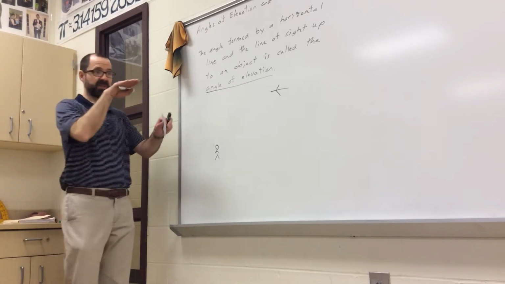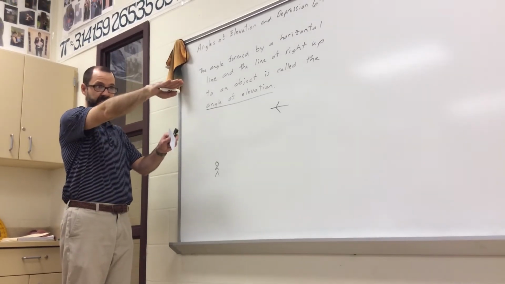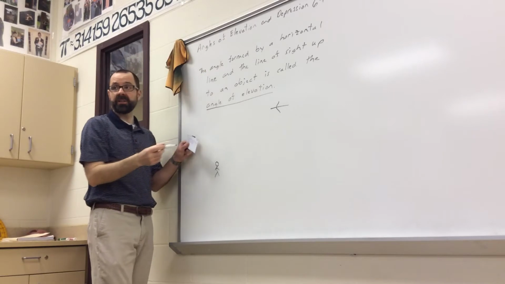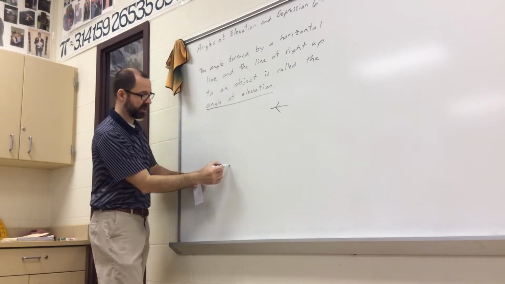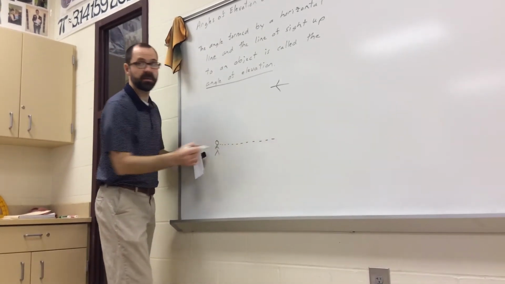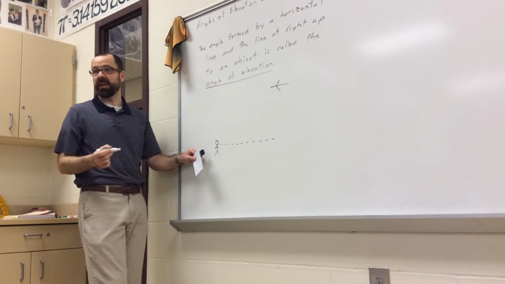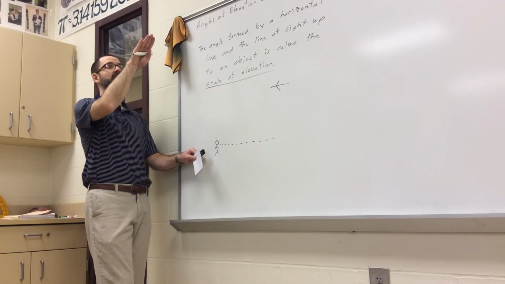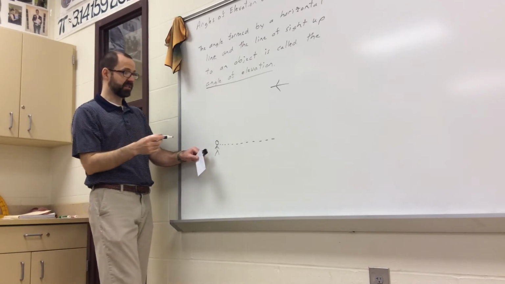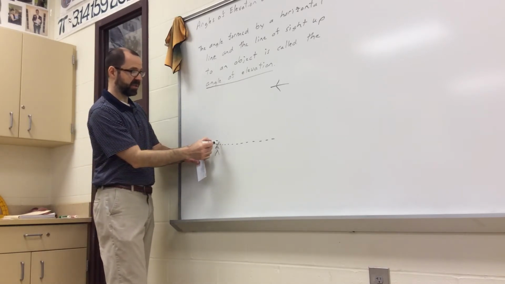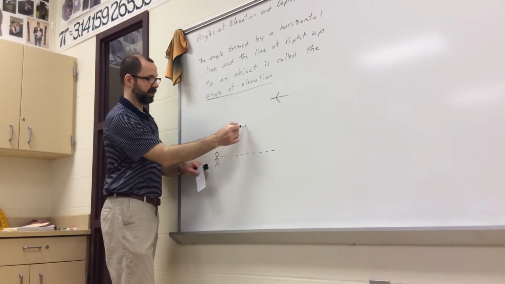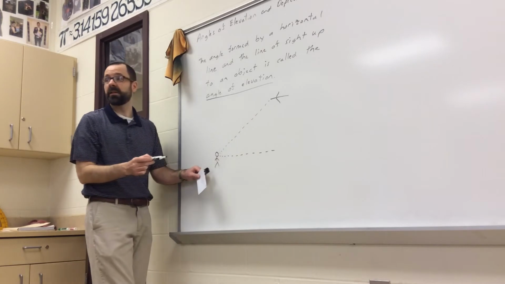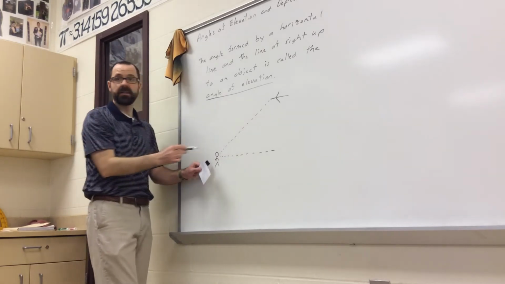So normally a person is looking straight this way, horizontally. So it's very important to have a horizontal line in your picture. So here's the horizontal line. But to look up at the plane, the person has to be looking upwards. So the line of sight is going from the person's eyes to the plane.